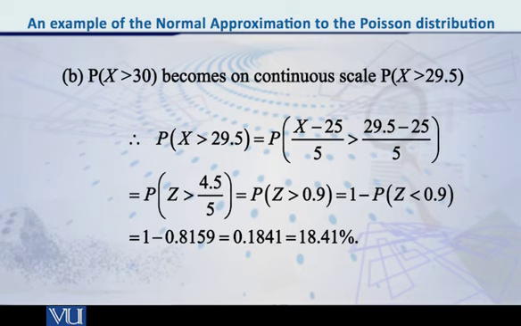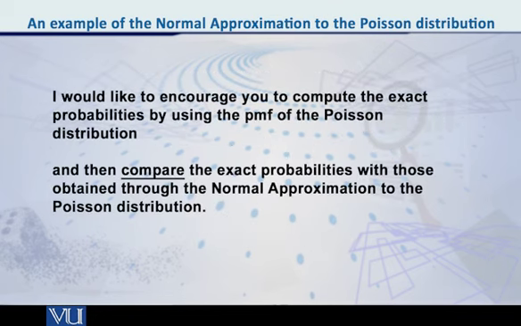Similarly, you can interpret the earlier probability we computed. I would like you to also compute these probabilities that we have just computed, at least the first one, using the Poisson distribution itself, and then compare the exact true probabilities with those that we have just obtained through the normal approximation to the Poisson. Hopefully, they will come out to be pretty close.